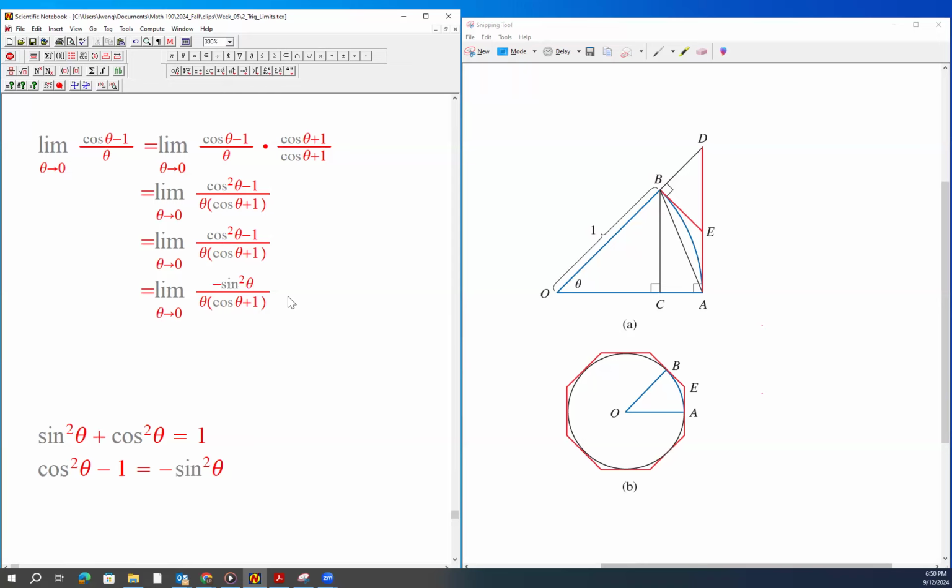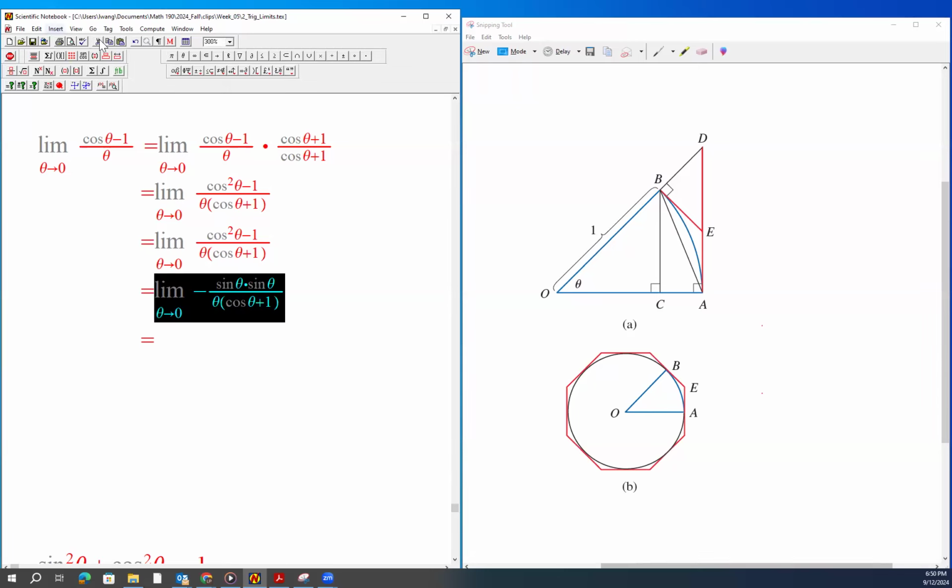Okay, and now what we're going to do is put the negative sign in front, and split sine squared theta into sine theta multiplied by sine theta. And we're going to split this even more.